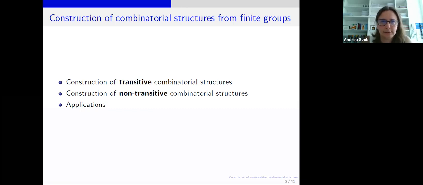And in the third part, the last part, I will show you some applications of these structures that I was speaking about in the first part and in the second part. And the applications will mostly be based on codes.